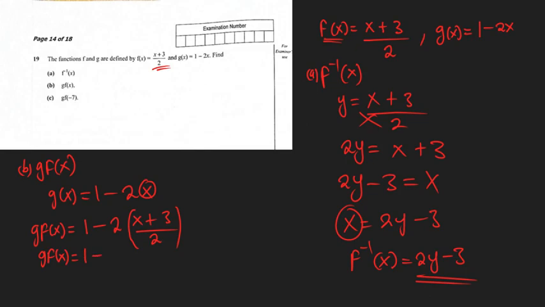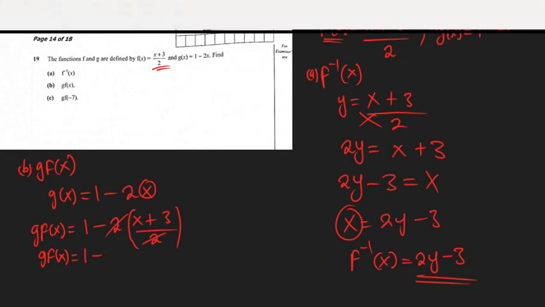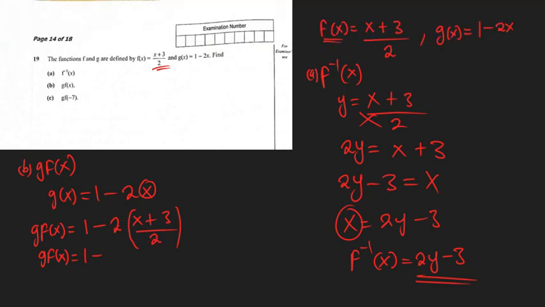Okay, so from there let's expand. 2 multiplied by negative 2 multiplied by x is going to be what? 2x. Let me see, can't we cancel? Let me just expand it.